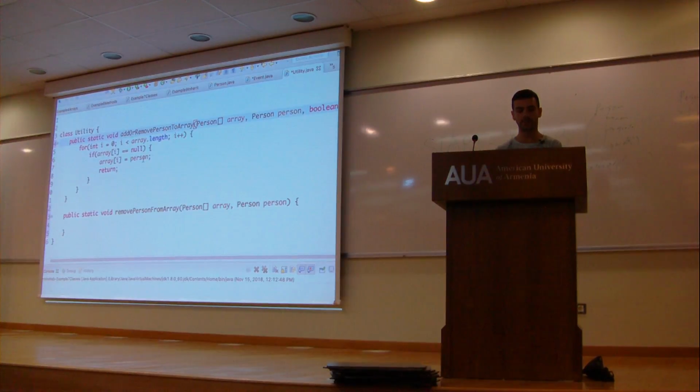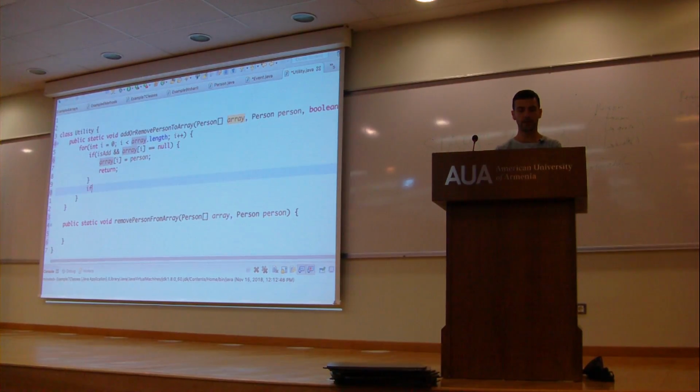And then here we can say if is add and that, then do that. If not is add, so that means we have to remove, and array I is the same thing as person.